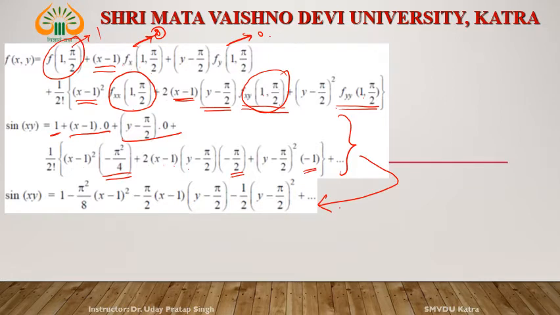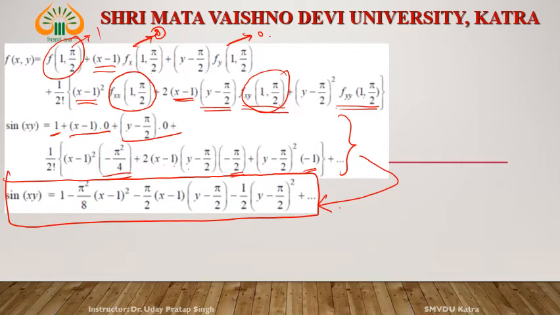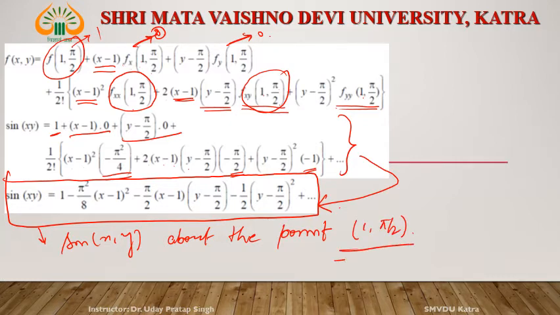This is the expansion of the function of two variables, that is sin xy, about the point 1 and pi by 2. Okay, about this point, right?